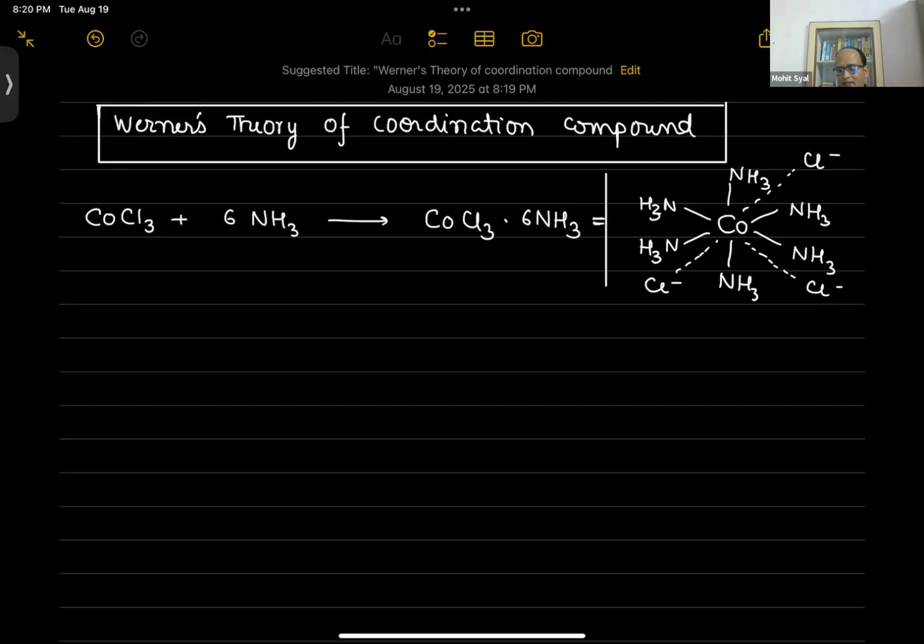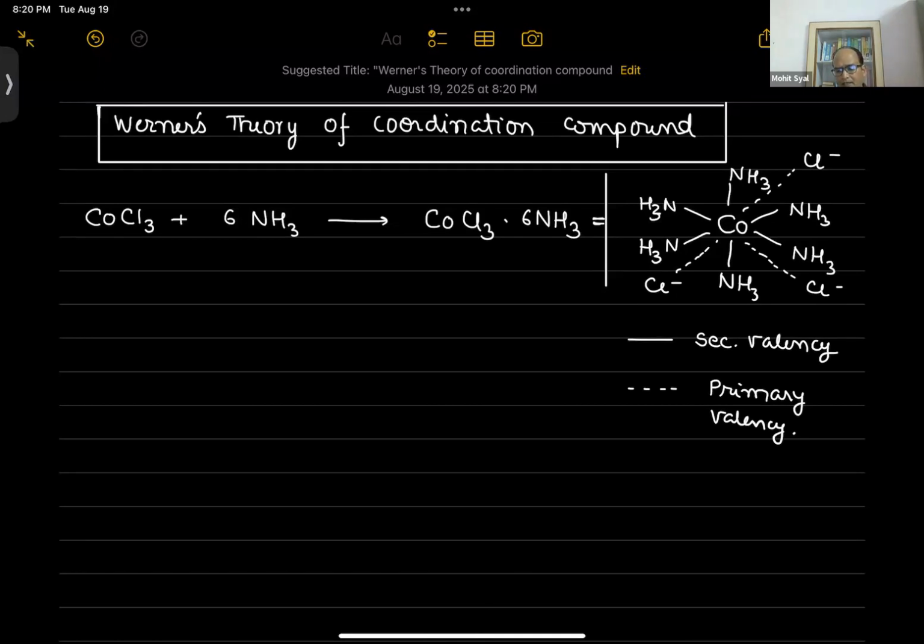As per Werner's theory, the solid line indicated the secondary valence, and the dotted line indicated the primary valence.